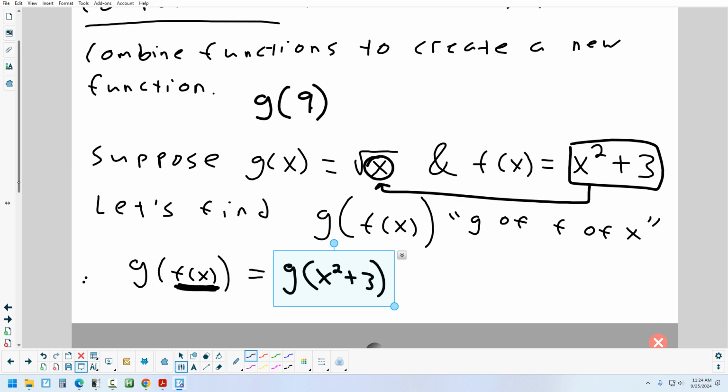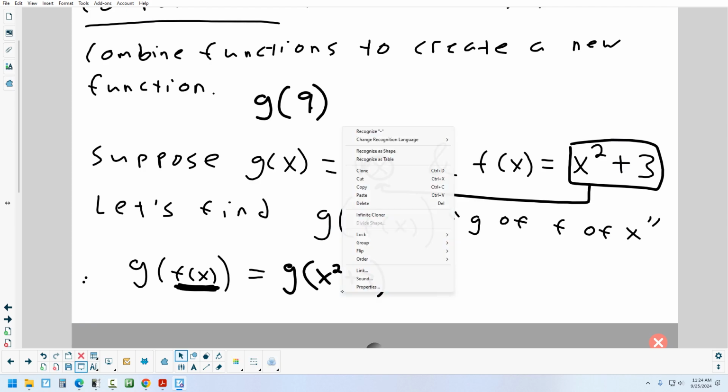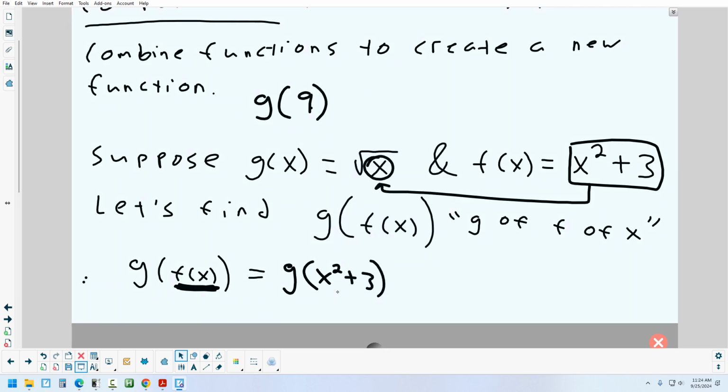Now, in function G, everywhere you see a letter, you're going to replace the letter with what's inside those parentheses: x squared plus 3. So take function G and replace the letter with what's inside the parentheses.